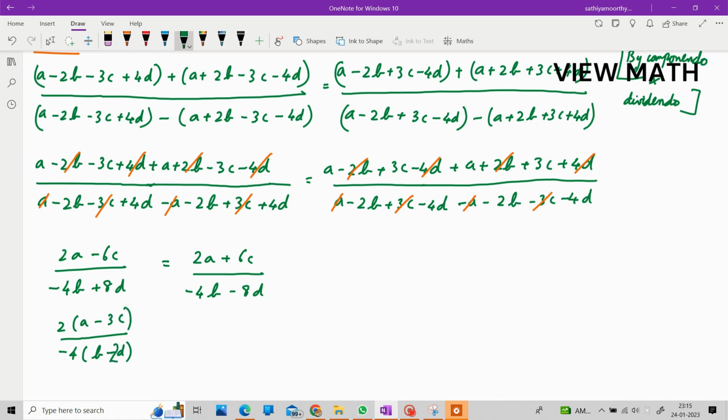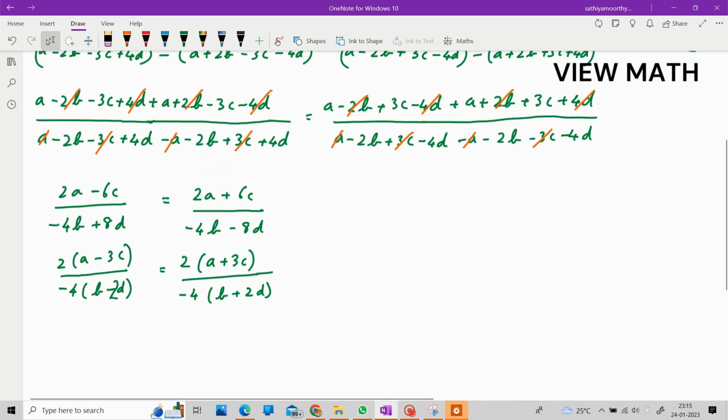Okay. So I have taken the common term outside. So here also I am going to take the common term 2 outside. I get a plus 3c divided by minus 4 taken outside. I get b plus 2d. Okay. Now I am going to cancel the common terms.